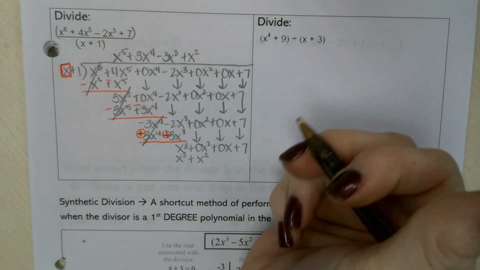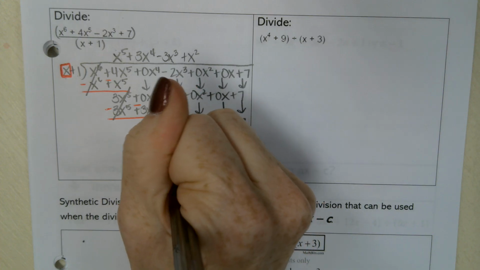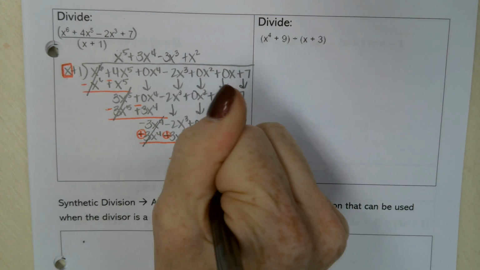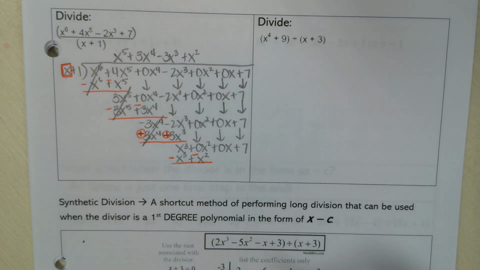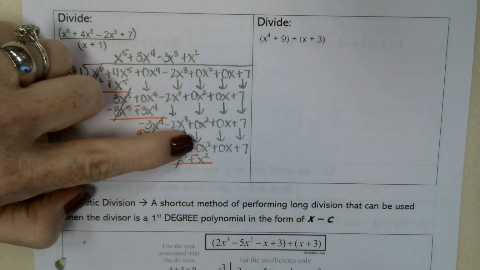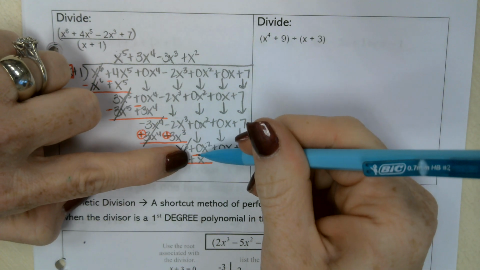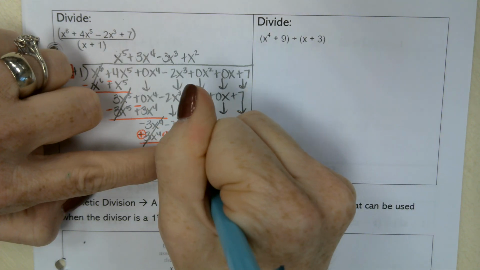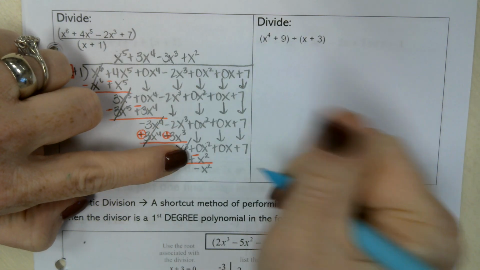And I come through and subtract. Now both of those were positive, so they just turn negative. The x cubes are going away. Well, so right here, yes, I have that 0. But what is 0 minus 1? Negative 1, so negative x squared.